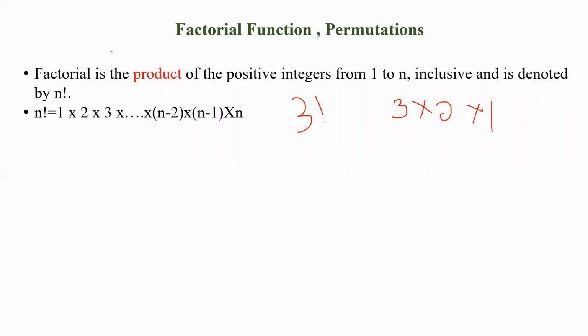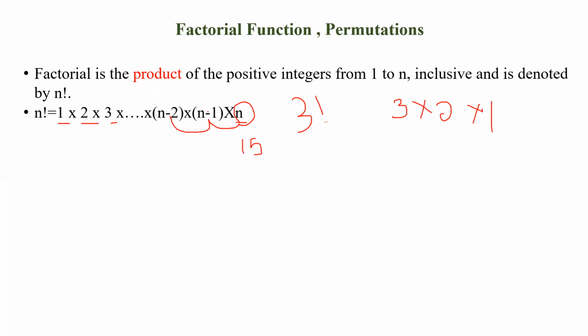So if you find the factorial of any number, n factorial means you'll have to go up to n. So it is shown as 1 into 2 into 3 into etc., n minus 2 into n minus 1 into the last number n. I'm just showing it as a definition, but for any number you take, it has to go up to that number. So n is my number, the previous number will be n minus 1, and previous to that will be n minus 2. Suppose I'm taking 15 factorial.